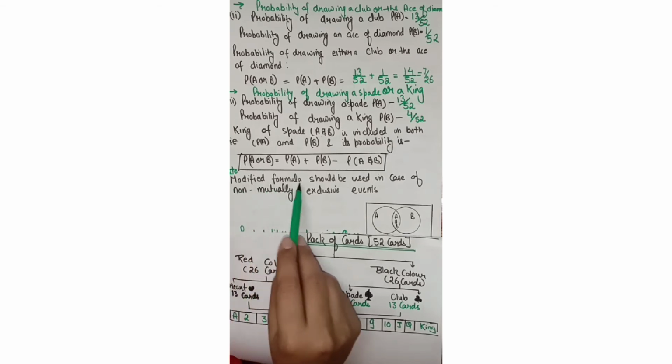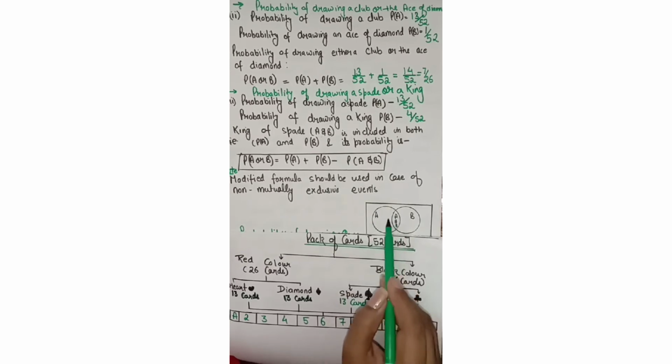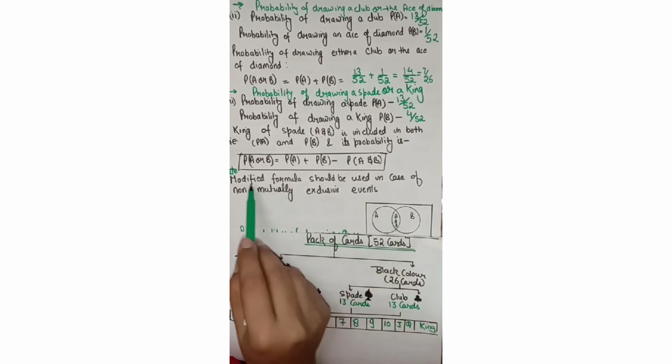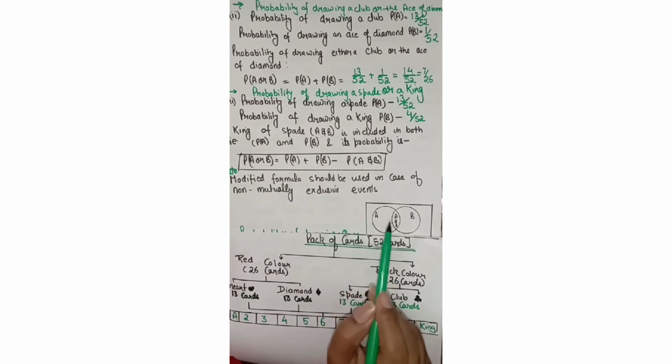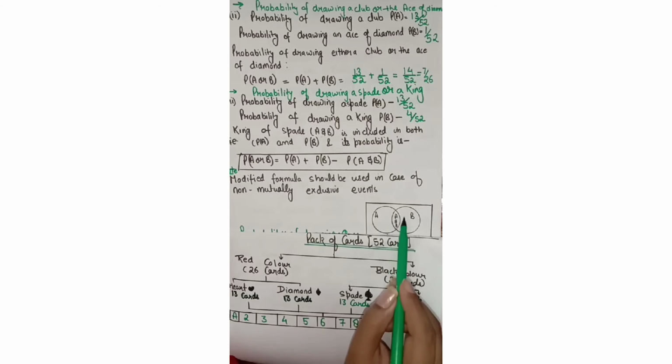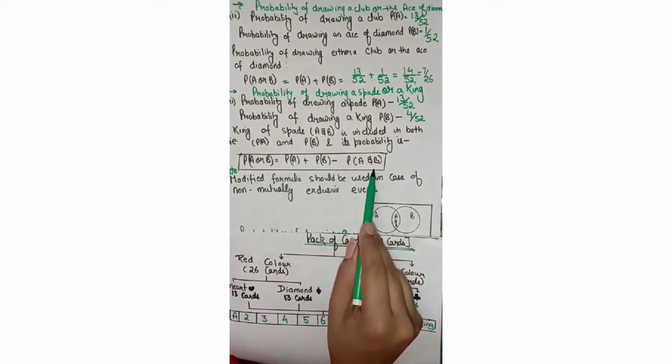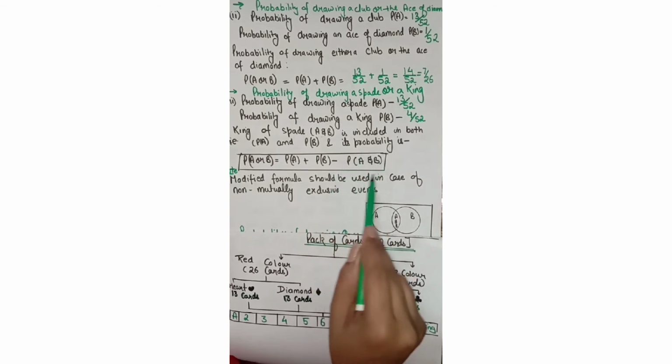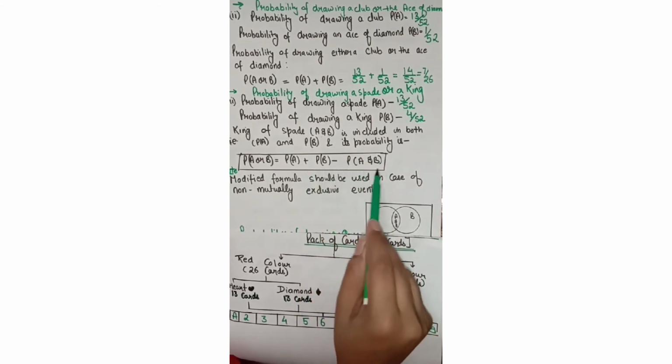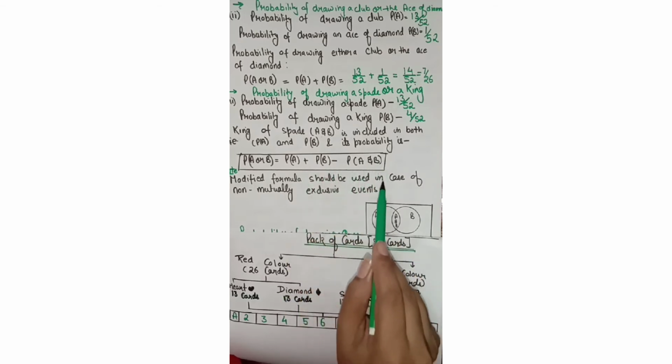The modified formula should be used in case of non-mutually exclusive events. When there is such non-exclusiveness, you are going to opt for this particular formula. Simply you are going to deduct that particular condition where there is a linking of these two probabilities.